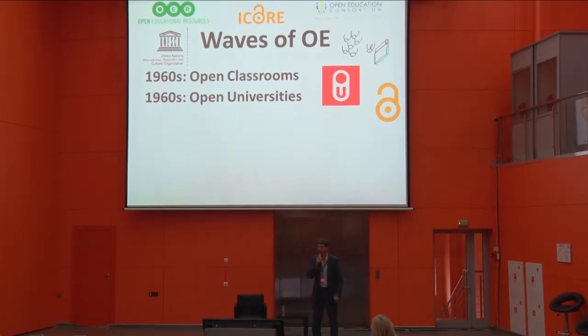If you look at the waves of open education, then in the 1960s we started with open classrooms, and also the first open universities, the Open University of the UK and the Open University of the Netherlands, were established.